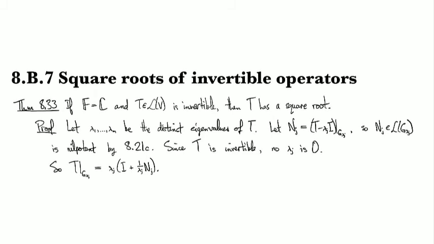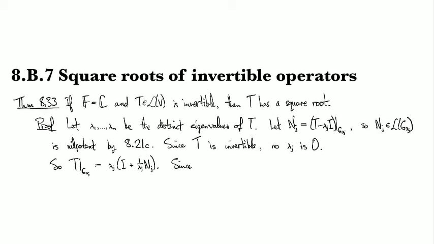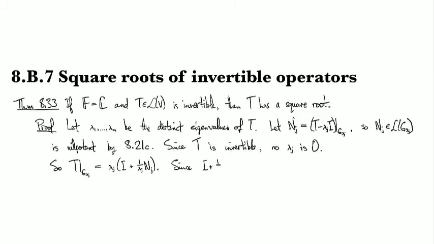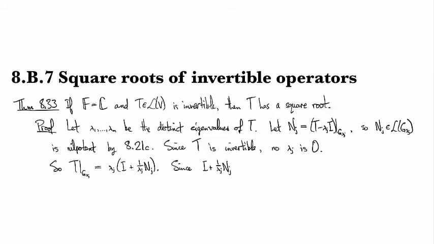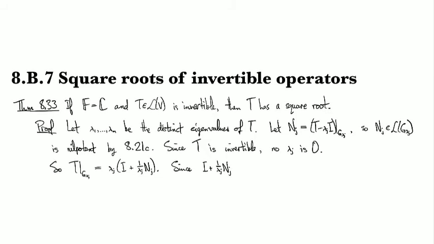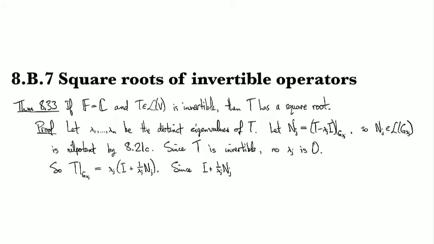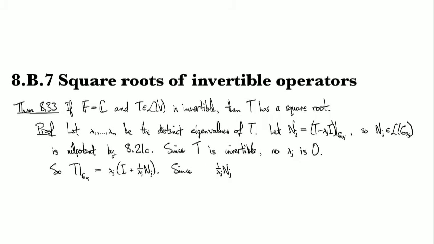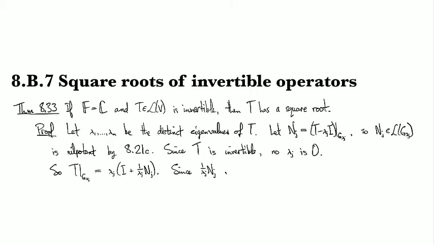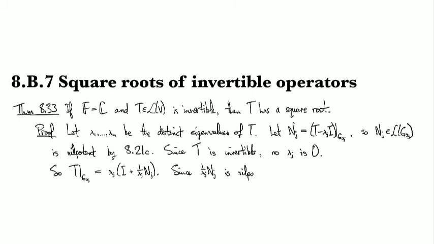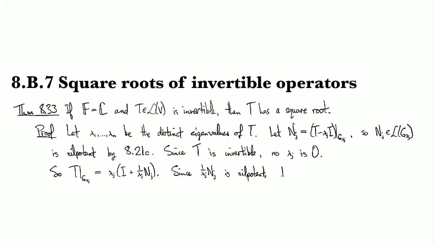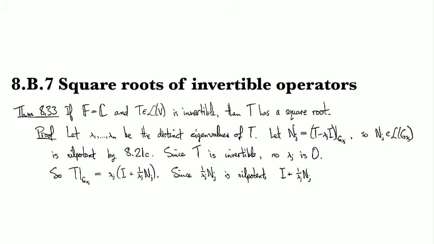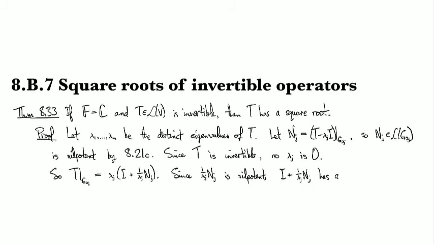So now, since this part in the parentheses is nilpotent, I plus 1 over lambda_j N_j has a square root.